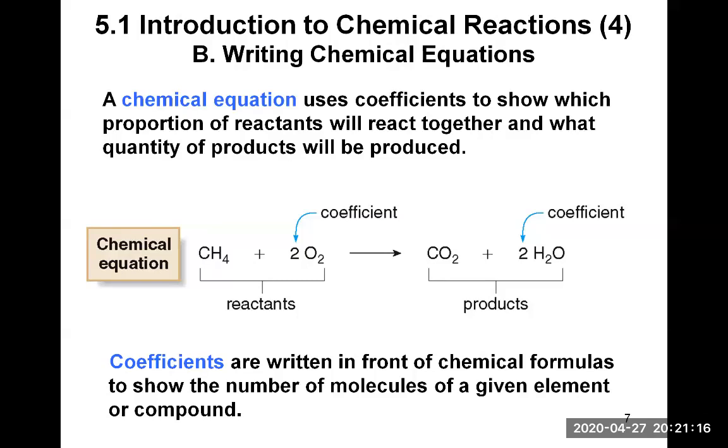The 2 in front of water also means it's 2 molecules of water on the product side. The coefficients are written in front of the formulas because you're not allowed to change the formulas. The formulas are set, you cannot change them. So that's why sometimes you will need to say more than one molecule of a given substance, and you will use a coefficient for that.